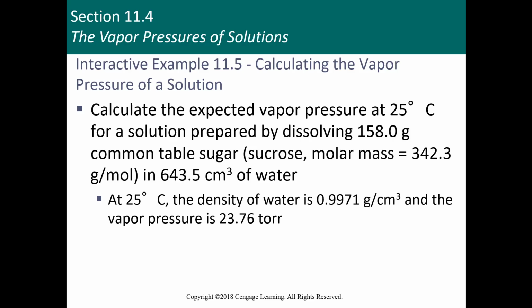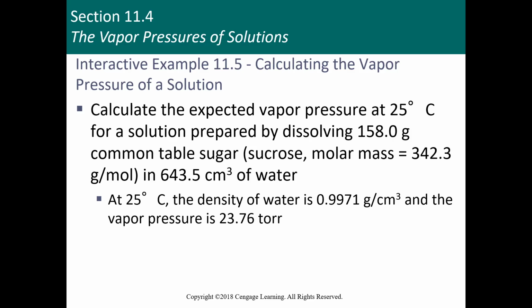All right, now let's try this out a little bit. So let's calculate the expected vapor pressure at 25 degrees Celsius for a solution prepared by dissolving 158 grams of common table sugar. And it gives you the name and the molar mass. So sucrose is the most common table sugar, and its molar mass is 342.3 grams per mole.